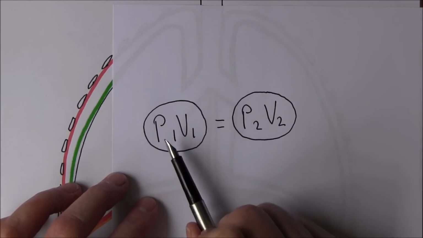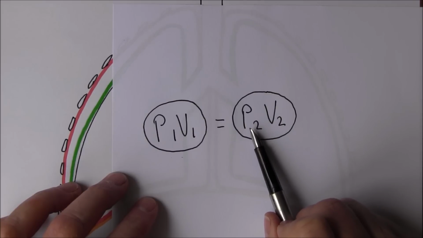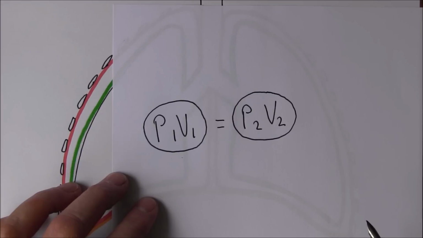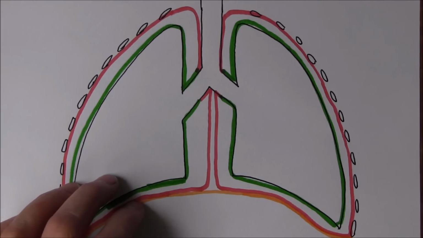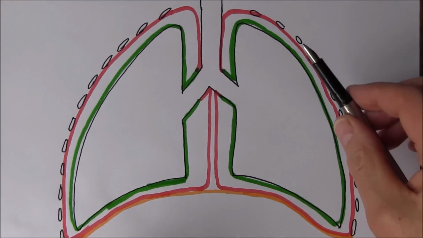So at the start of inspiration, P1 V1 is going to equal the same as the pressures at the end of inspiration, which is P2 V2. Now what this means is that there's an inverse relationship between pressure and volume.